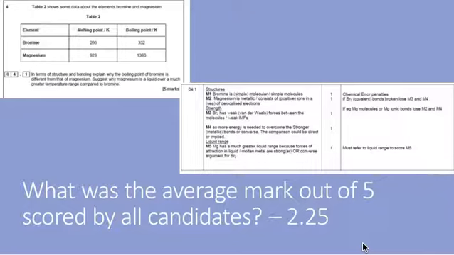It was not a very well answered question, but for a candidate who is hoping to achieve one of the higher grades, it's the type of question where you can personally gain an advantage by being really clear on your definition of structure and bonding. That's really the take-home message today. When it comes to structure and bonding, make sure you know your stuff, and make sure you get your definitions absolutely spot on.